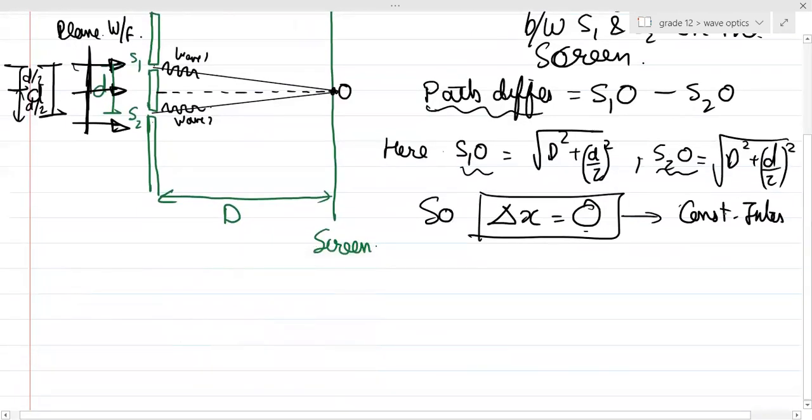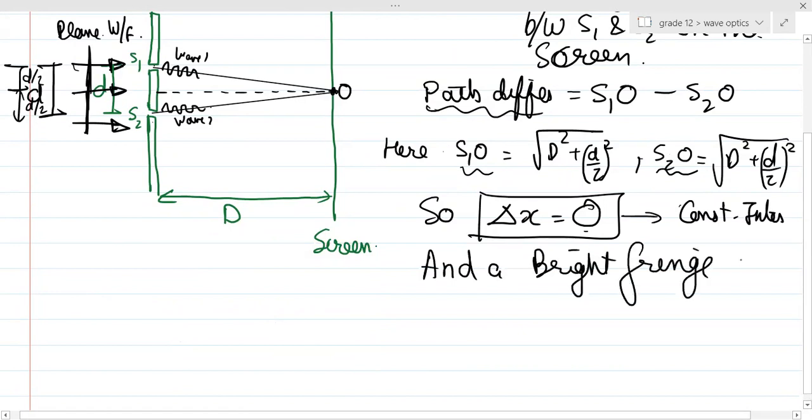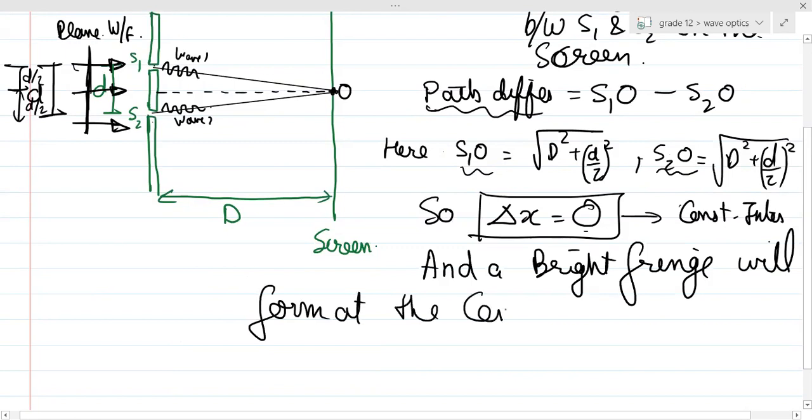Yes, sir. So a constructive interference will form over here, and a bright fringe will form at the center.